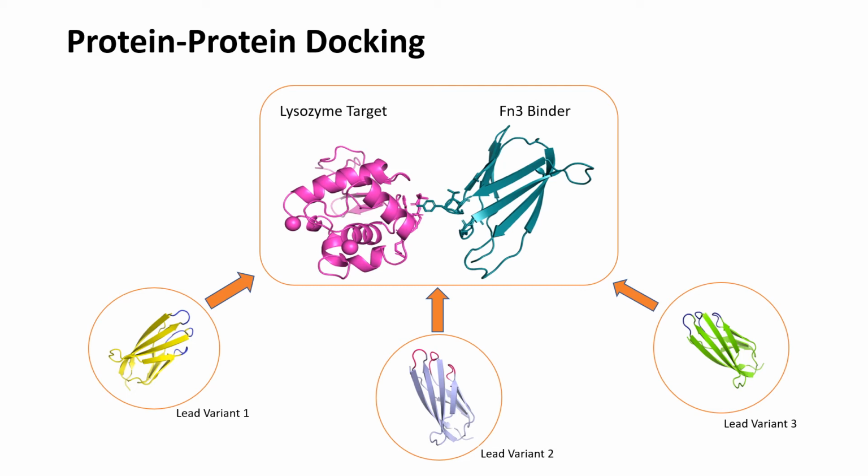The lead variants shown here are fibronectin monobodies generated using Swiss model server that are capable to bind to lysozyme. These will bind to the lysozyme to form the lysozyme FN3 complex, which is shown here. Servers like Rosetta ZDock will generate structures that are ranked using scoring functions to identify structures that are most likely to occur in nature.